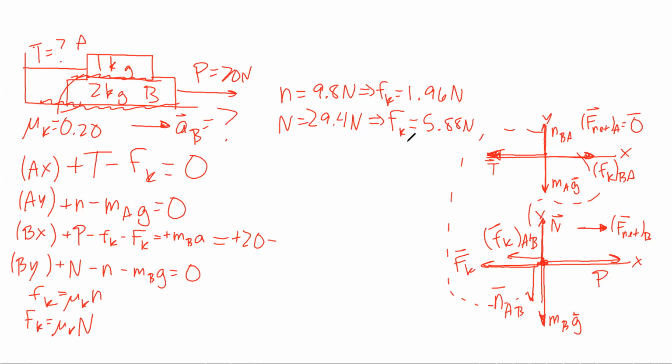Yeah, it's 7.84. So it's 20 newtons minus 1.96 newtons minus 5.88 newtons, and that equals 2a. After all that's said and done, 20 minus 7.84 is 13.16, because 20 minus 7 is 13, and then 12.16.